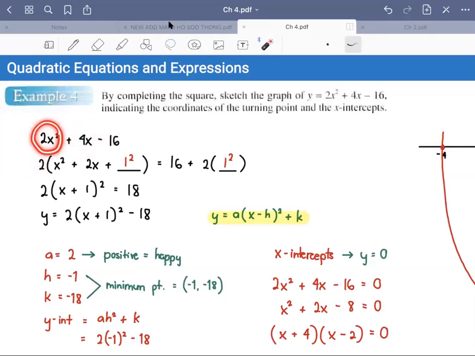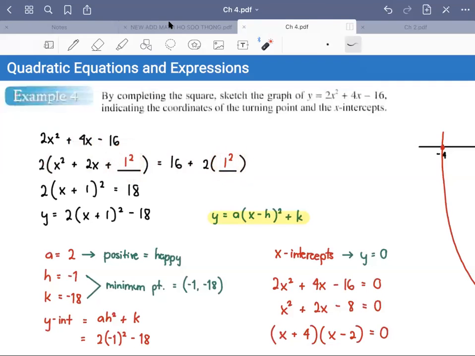So 2x² divided by 2 gives x², and 4x divided by 2 gives 2x. Then plus a perfect square number here, equals 16, and then plus, why do we have 2 here? Because we also factored 2 here, and also the perfect square number that we need to fill in here.